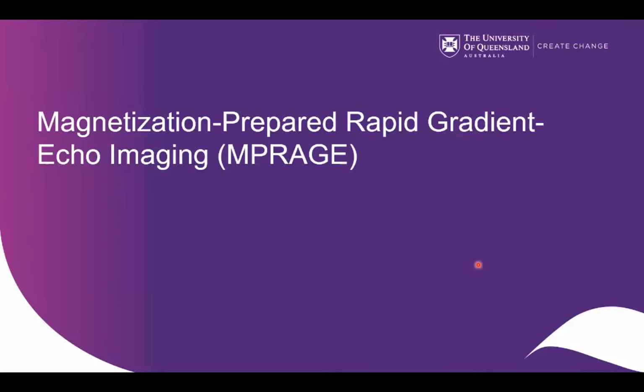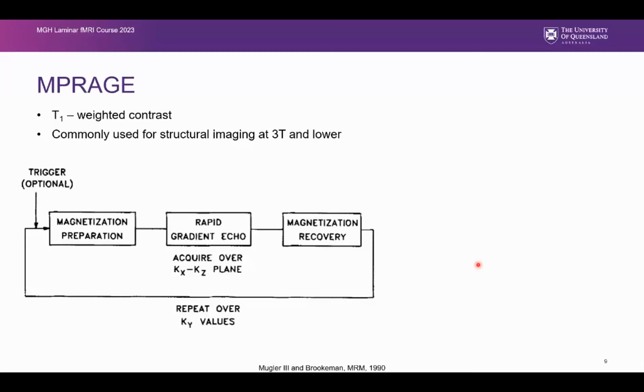And this is bread and butter MRI. One of the most commonly used sequences is MP-RAGE. It's a T1 weighted contrast, very often used at 3T, and it basically consists of a magnetization preparation module, then a readout, and then some recovery time.